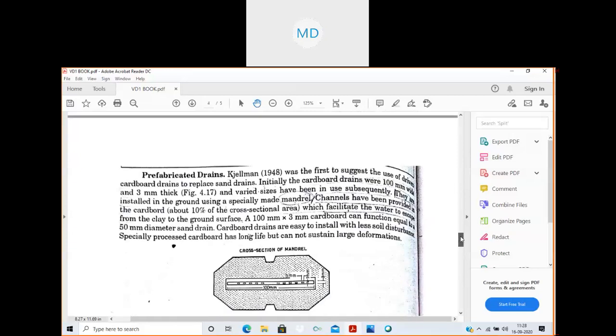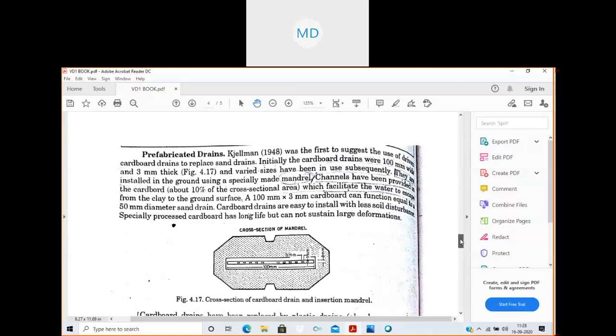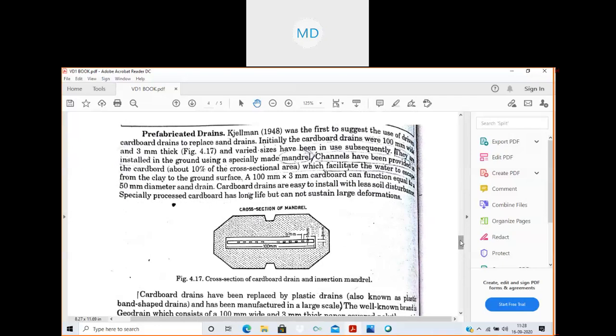Next, we move to prefabricated drains. Prefabricated drains were first suggested by Kjellman. He was the first to suggest these, and the first one he used was a drain made of cardboard.